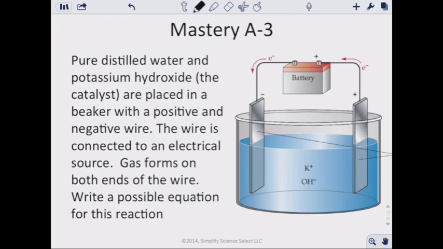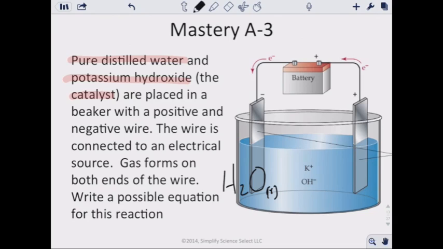So last question, our mastery question. It says pure distilled water, H2O, and potassium hydroxide, that is the catalyst, are placed in a beaker with a positive and negative wire. The wire is connected to an electrical source. Gas forms on both ends of the wire. Write the possible equation for this reaction. So pure distilled water is just good old H2O, but it's a liquid.